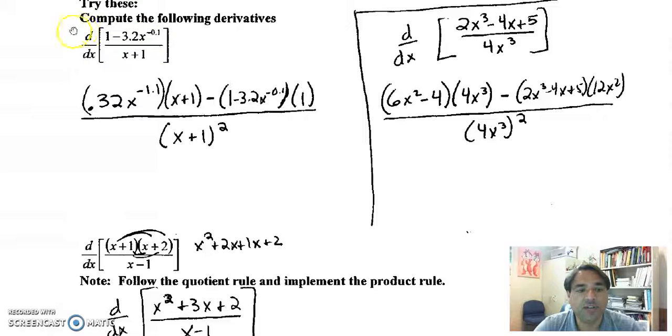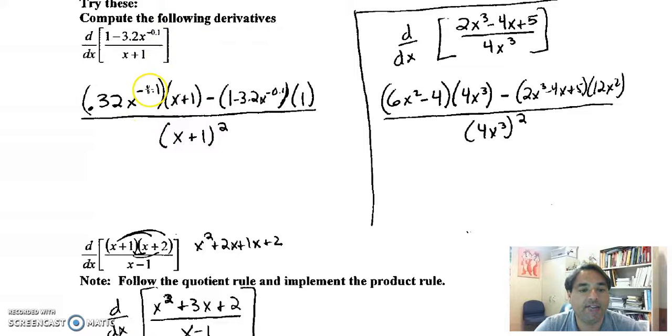Okay, so let's look at a third example. What if we're trying to find the derivative of 1 minus 3.2 x raised to the negative 0.2, all over x plus 1? We go slowly through the steps. The derivative of the numerator, derivative of 1 is 0. The derivative of minus 3.2 x to the negative 0.1 would be negative 0.1 times negative 3.2, which is positive 0.32.